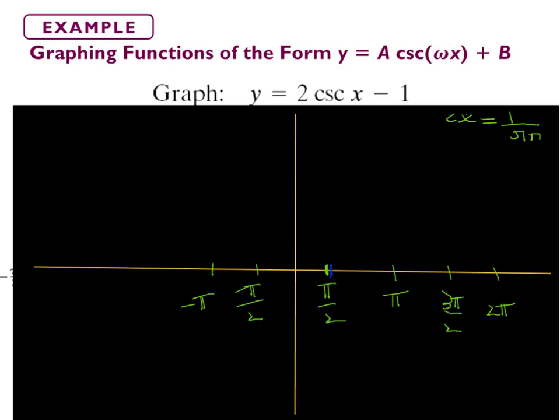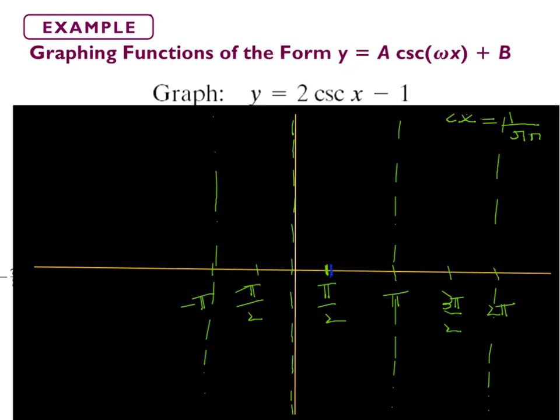So sine is 0 at 0, perfect, 0. I'm not going to make a fancy asymptote, it takes too long. Pi, 2 pi, minus pi. Okay?